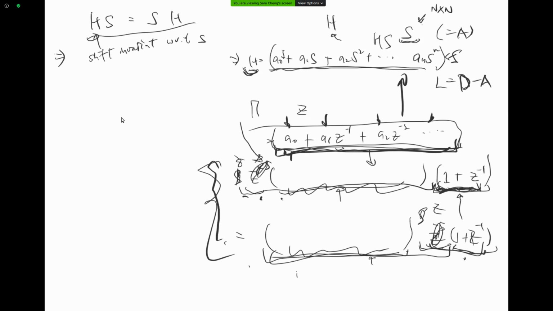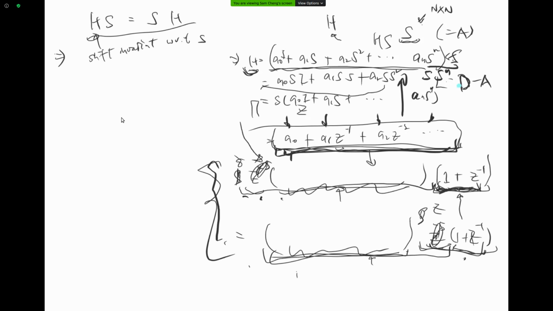But then each of these S^n I can also write as S times S^(n-1), right? These commute, then I will have a0 I plus a1 S S plus a2 S S squared, and so on and so forth. Then I can pull one of the S out, and then I will have S times (a0 I plus a1 S, and so on, up to an S^n).